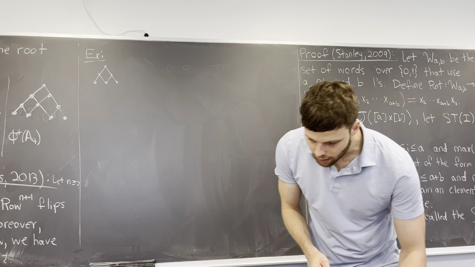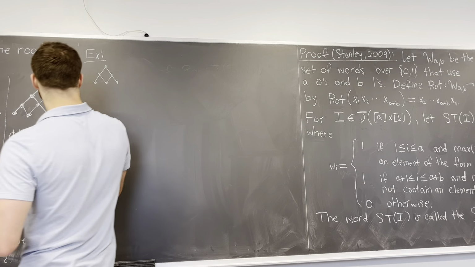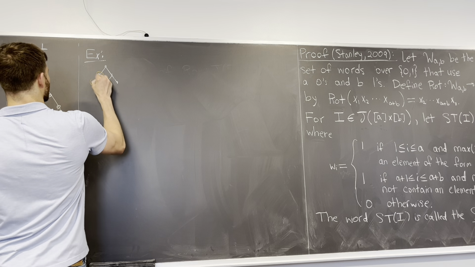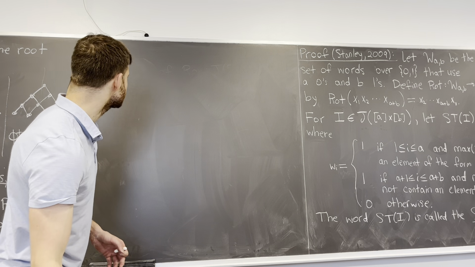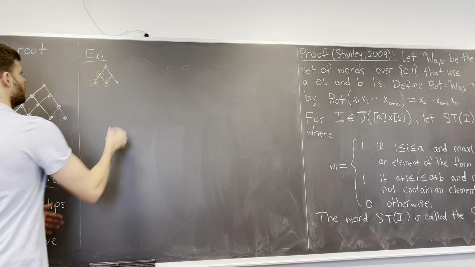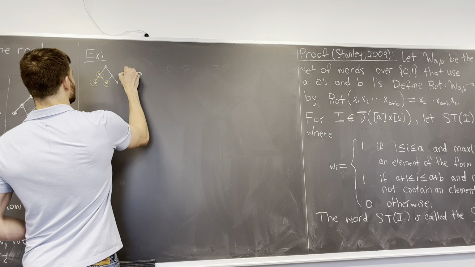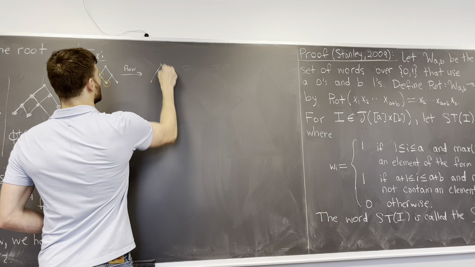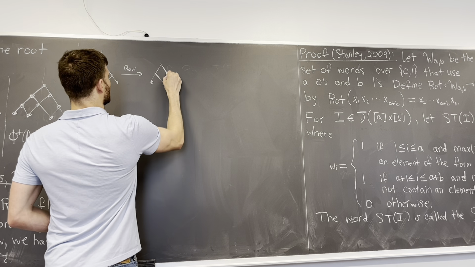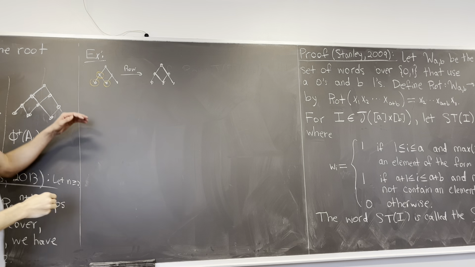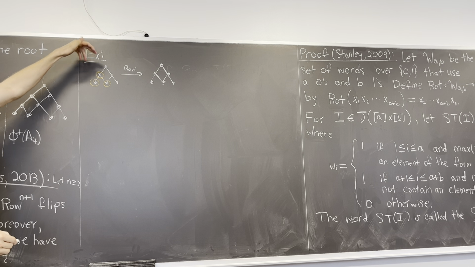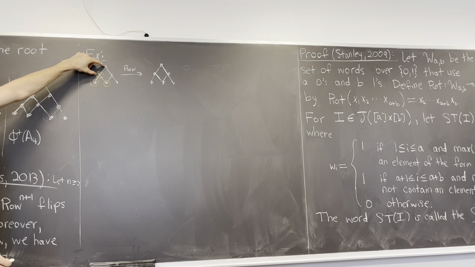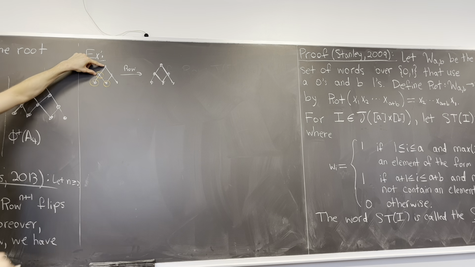Let's say this order ideal. Now I want to do Rowmotion to this. I take the set of maximal elements, that's just this element. I saturate upward, so I get these two elements here. Then I take the complement of those two elements, and that gives me these four elements down here.